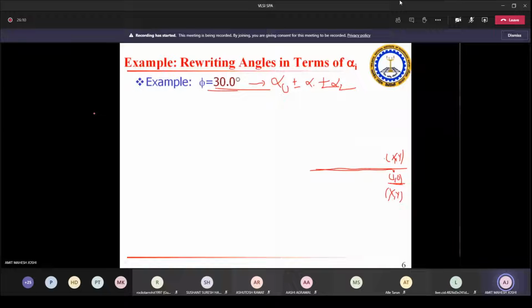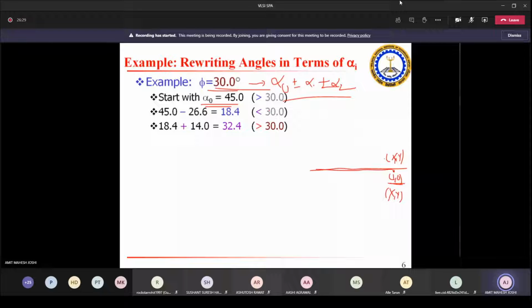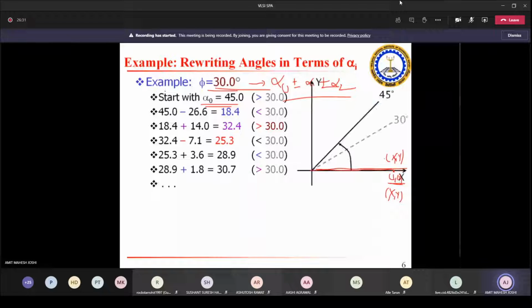I am interested in 30, which is a linear combination of some alphas. How can I get it? Initially I start with alpha 0, which is always 45, as we have just observed. Now this is greater than 30.